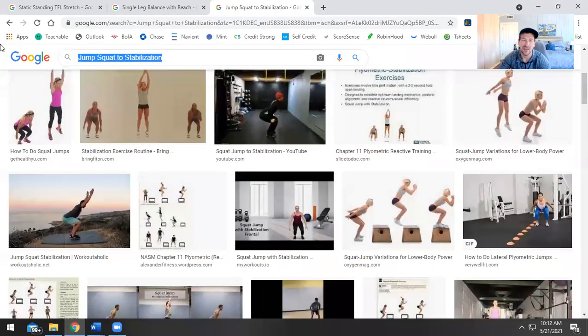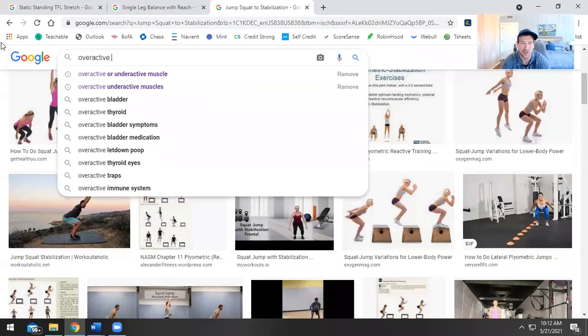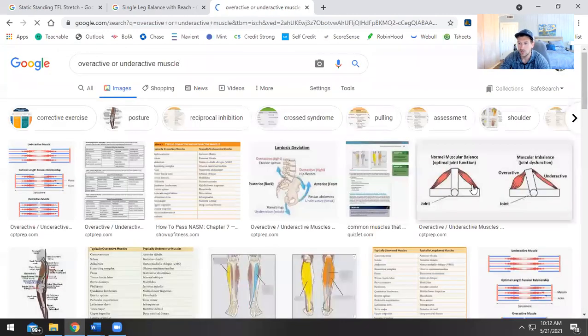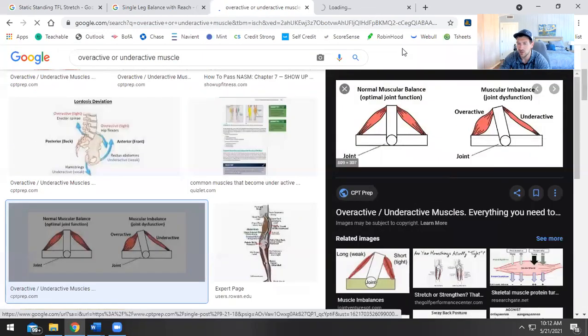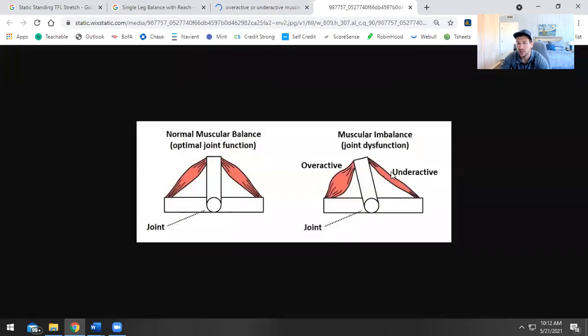So when we look at that overactive, underactive muscle situation, I've basically applied my stretches over here, and I've applied my strengthening exercises over here. And hopefully that has drawn my joint back to neutral. Now my client can work out.